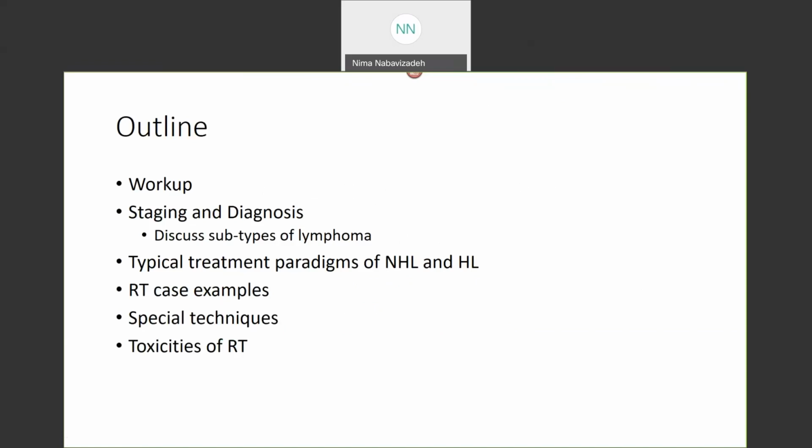Throughout this overview session, we'll talk about the typical treatment paradigms for both non-Hodgkin's lymphomas and Hodgkin's lymphomas. We'll go through a couple radiation case examples. We'll briefly touch on some special techniques for some special lymphomas, and then also discuss the toxicities of radiation therapy.